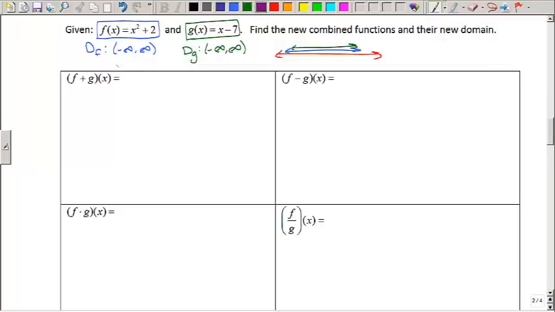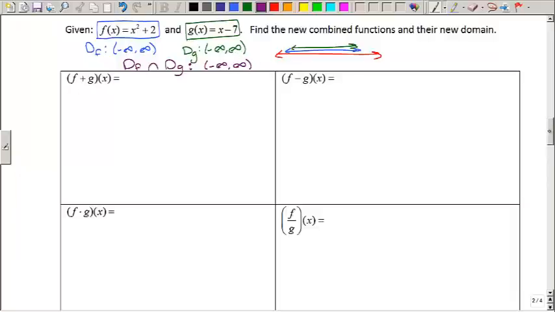The intersection of the domain, or basically the common values between f and g's domain, is again all real numbers. There's no excluded values for f, there's no excluded values for g, so my domain for my combined functions will start with all real numbers.